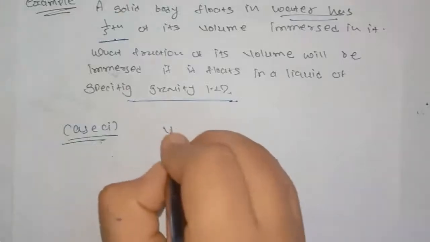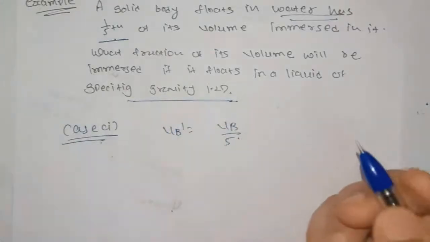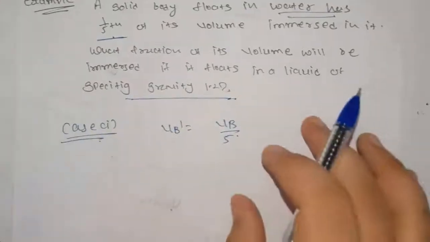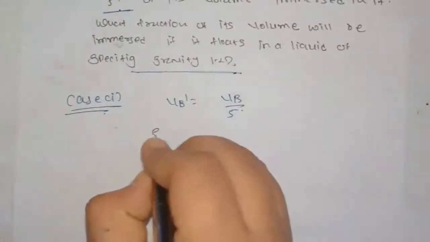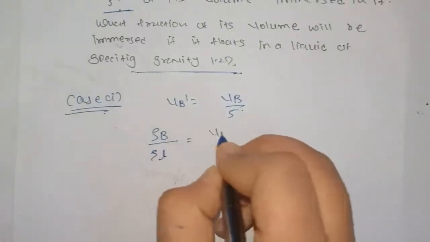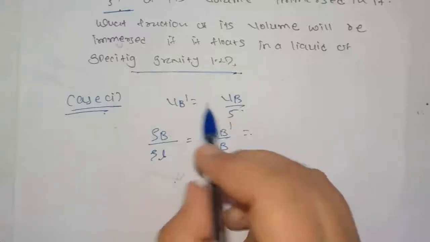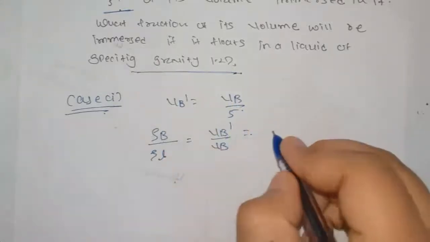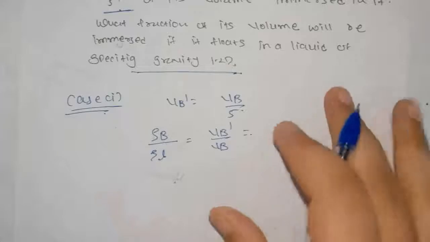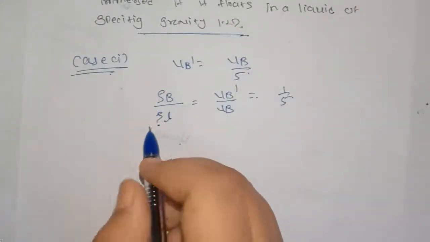So we can say VB dash is equal to VB by 5. For the case of flotation, we know the relation as density of body upon density of liquid is equal to VB dash upon VB. But VB dash upon VB is 1 upon 5. Density of liquid in CGS is 1.